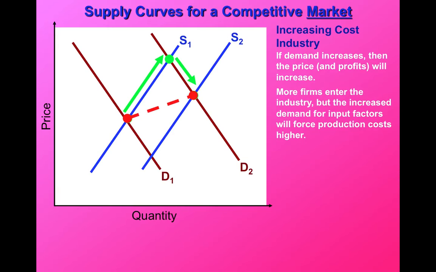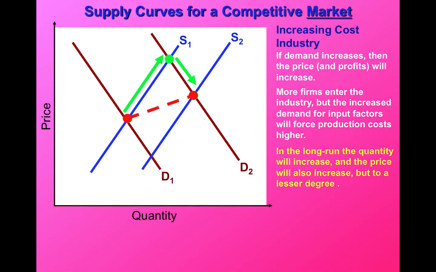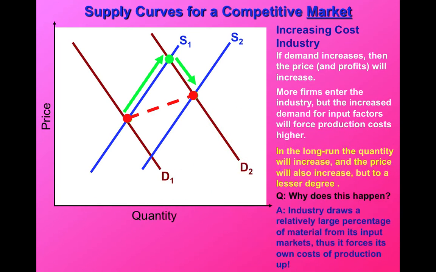Well, because this industry, this market, represents a relatively large percentage of its input markets. In other words, if you're making guitar cases and you use a little plywood in your guitar cases, you could probably double, triple, quadruple the output of guitar cases in the market, and it probably wouldn't cause the price of wood to go up.